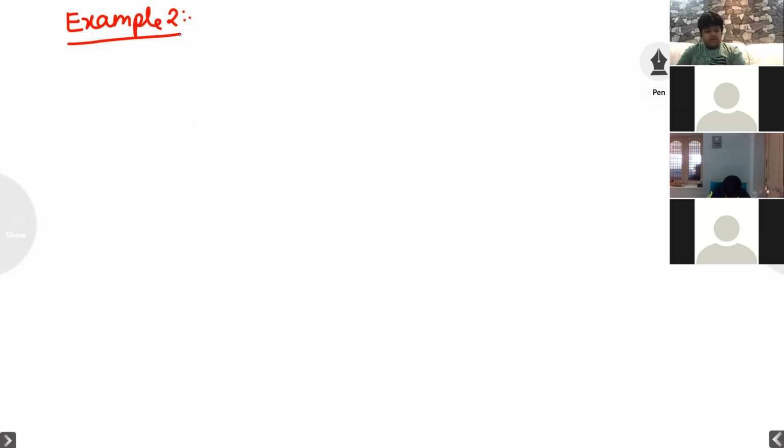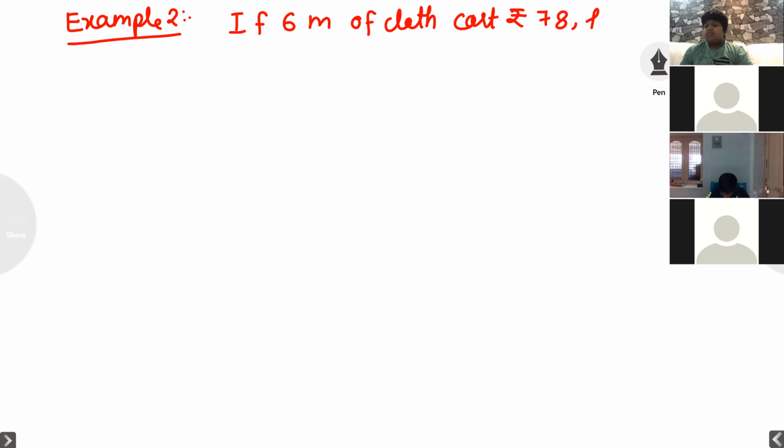If 6 meter of cloth costs rupees 78, how much does 3 meter of cloth cost?